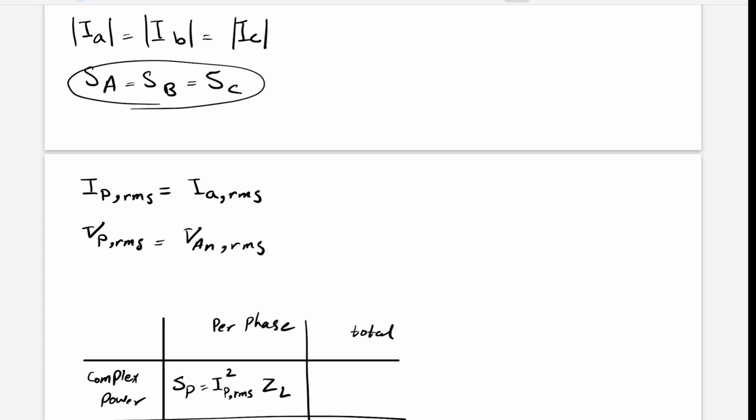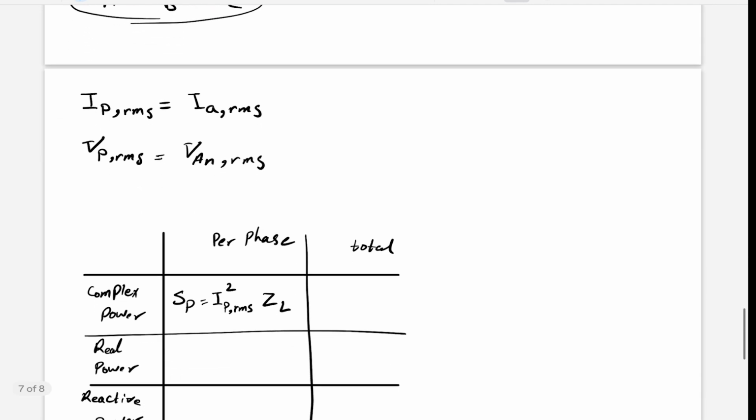So due to the conservation of power, the total will be their summation. So it will be 3 times one of these. Okay, so the complex power of 3 phases will be 3 times the complex power of one of the phases. This is per phase.